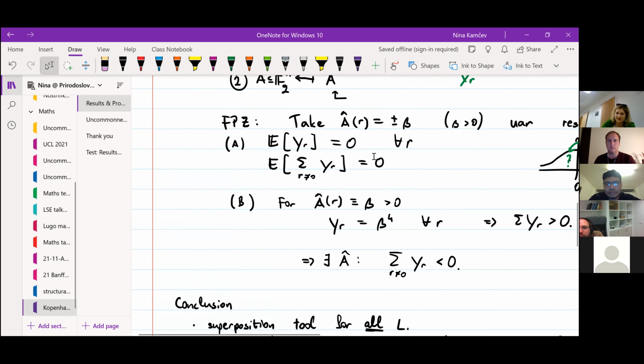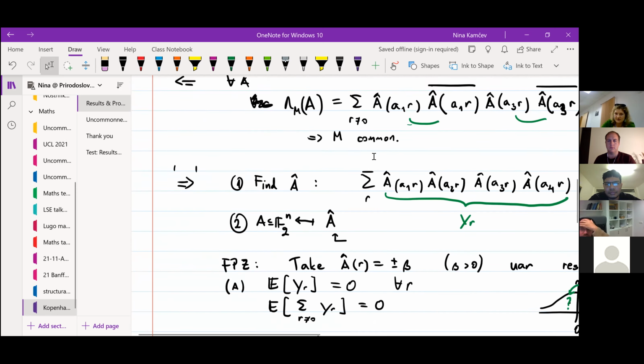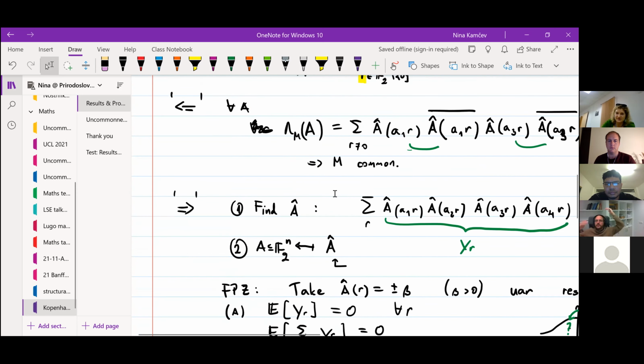The positive direction, where is it? Yes, this positive direction here, because actually this thing you can show in an elementary way, not using Fourier analysis.